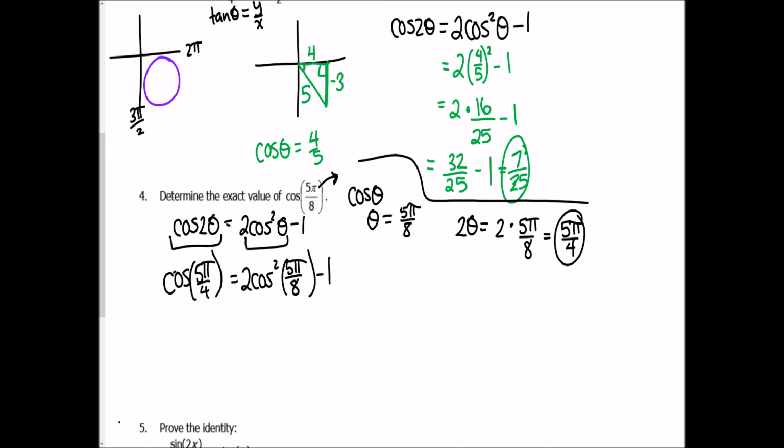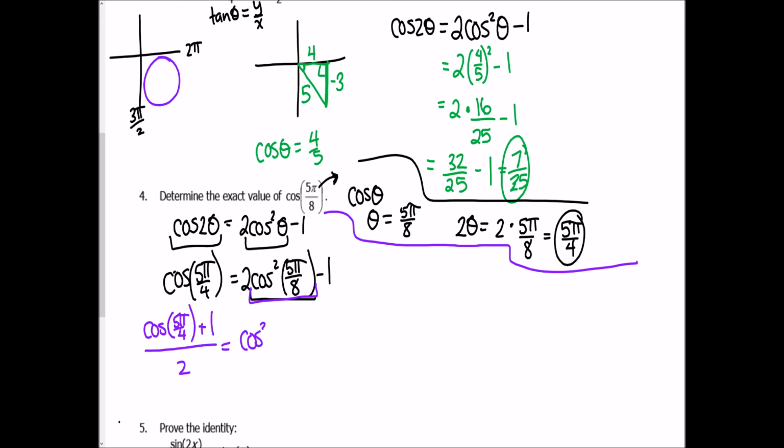And my goal is to solve for this cosine of 5 pi over 8. So what I'm going to do is isolate this cosine of 5 pi over 8. So I can add 1 to both sides and divide by 2 on both sides. So this ends up becoming cosine of 5 pi over 4 plus 1 all over 2 is equal to cosine squared of 5 pi over 8.